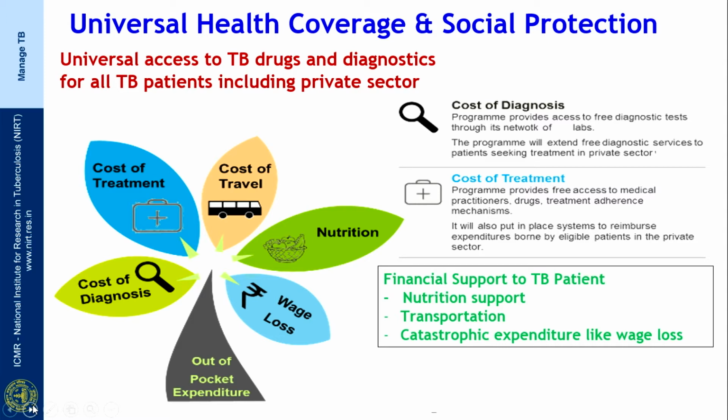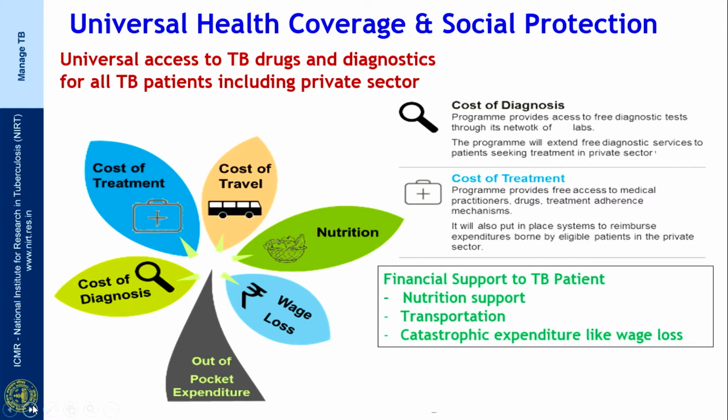It will also put in place a system to reimburse the expenditure borne by eligible patients in the private sector. Sometimes the private sector will incur certain costs, and that cost will be reimbursed by the program, so that out of pocket expenditure, or the cost to the patient, can be reduced.